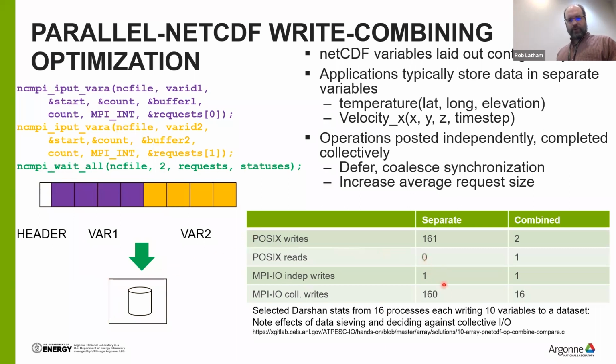So here's a little toy program where you write out some variables to the data set. And if you do that one variable at a time, you get a lot of collective writes. But if you only wait to the last moment, then it's all done in a single operation, or maybe it's done in a few operations because there's one MPIO call per variable, and there's some variables here.